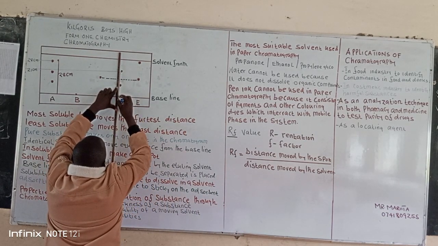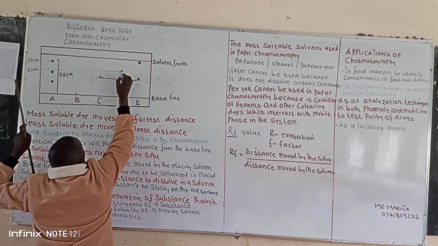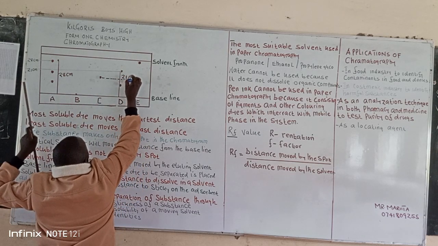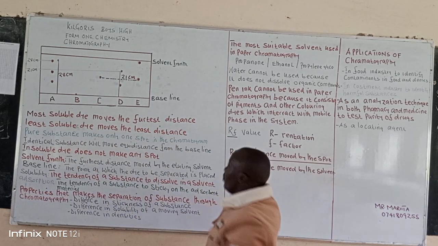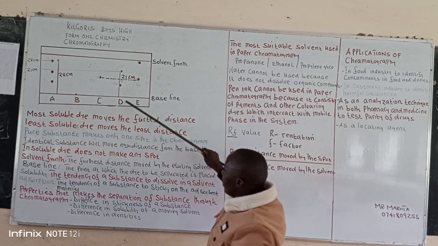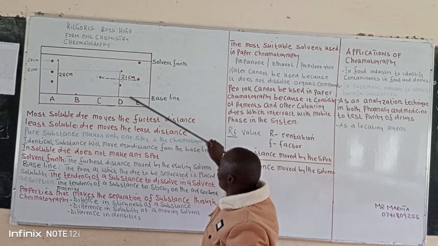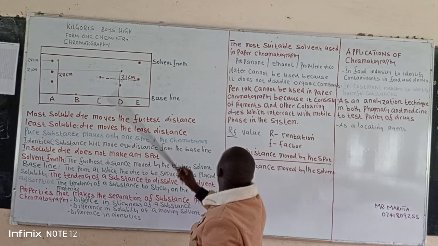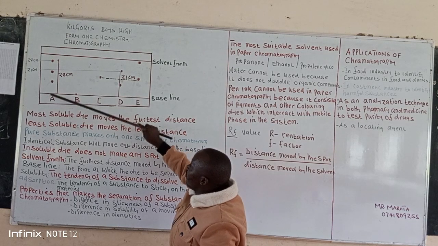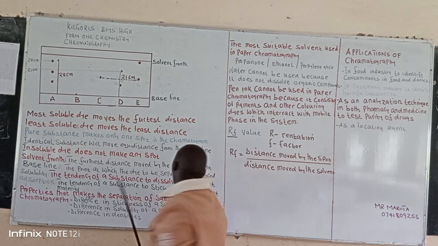The distance moved by spot D from the baseline is 21 centimeters. The distance moved by the solvent A from the baseline is 28 centimeters.